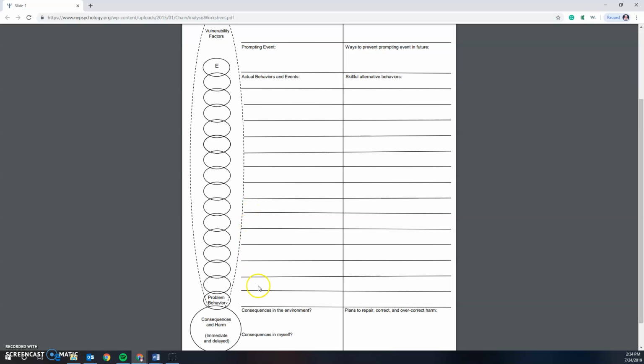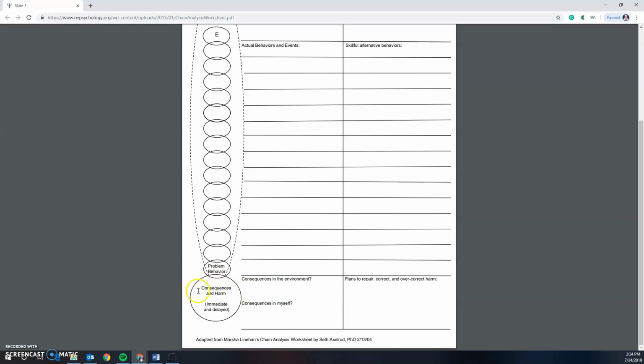list this all out until you get down to the problem behavior, emotional eating, consequences and harm. So I don't know, whatever that might be. Feeling worse about myself because I ate a half a gallon of ice cream, or whatever the consequences might be for you.